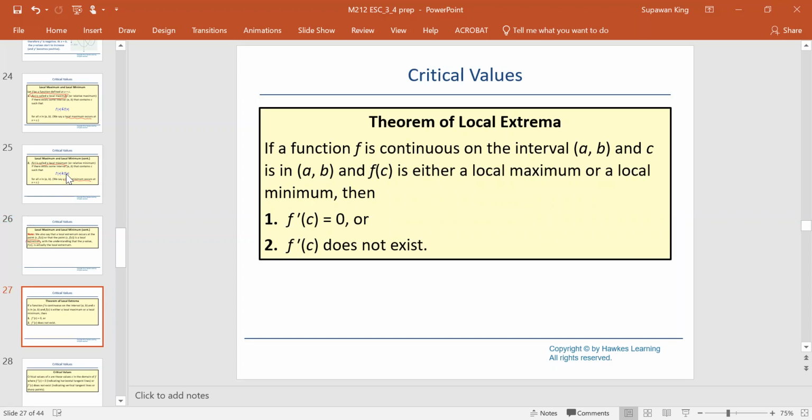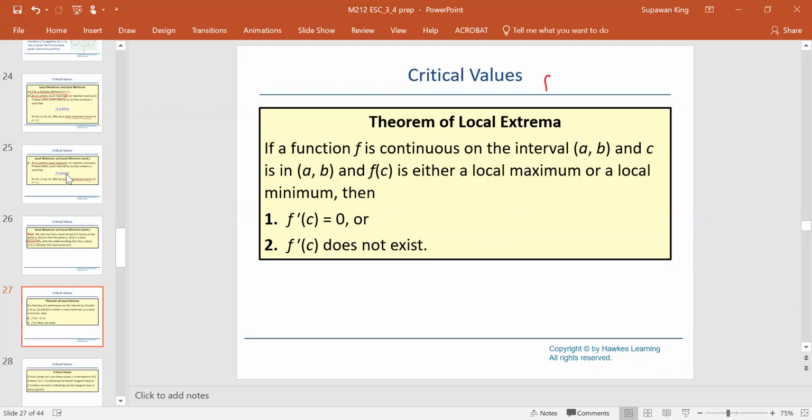Critical values, theorem of local extrema. If a function f is continuous on the interval (a, b) and c is in the interval (a, b), and f at c is either a local maximum or a local minimum, then f prime at c equals 0 or f prime at c doesn't exist.